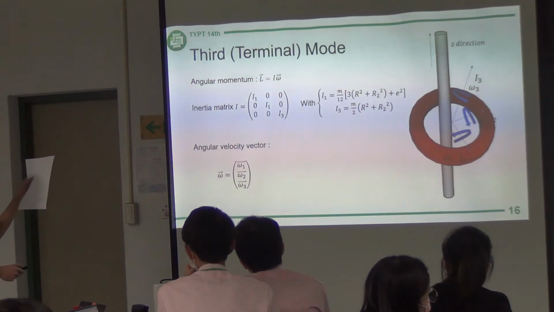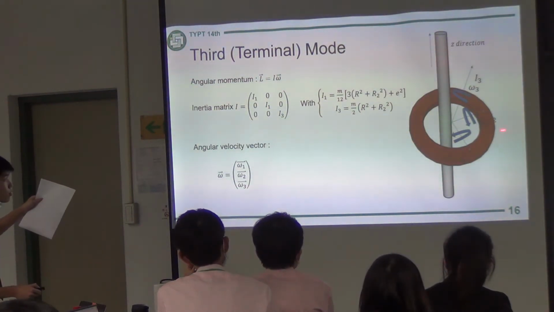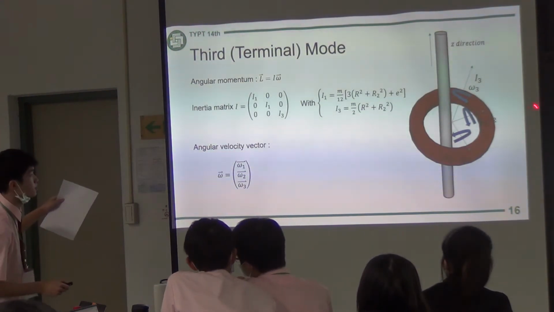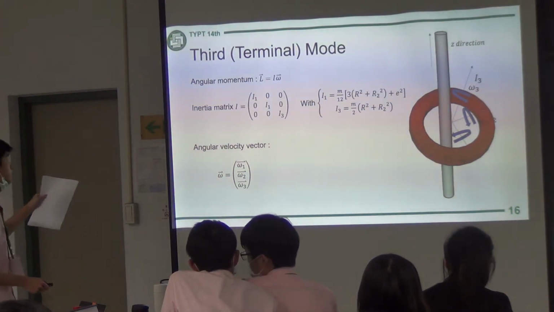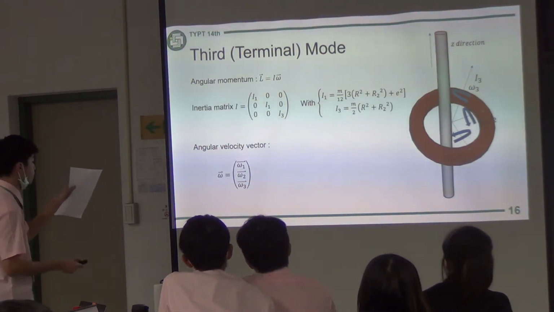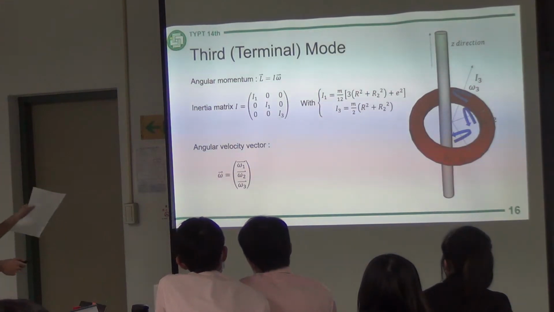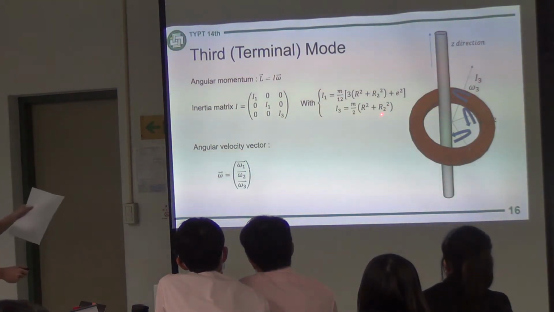Axis 1 is geometrically symmetric to axis 2, which is ambiguous to see. This is axis 2, and this is axis 1. As you can see, they are geometrically symmetric to each other. So I1 is equal to I2 and equal to this value, and also I3.